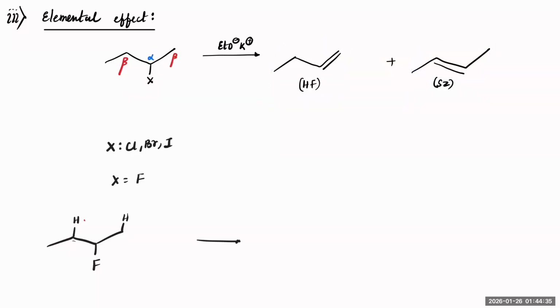Now if you notice, when it comes to chlorine, bromine, iodine, in all such cases, Hoffman is hardly around 25 percent and Saytzeff is around 75 percent. But if fluorine is the leaving group, then it is exactly the opposite: 75 percent Hoffman and 25 percent Saytzeff.